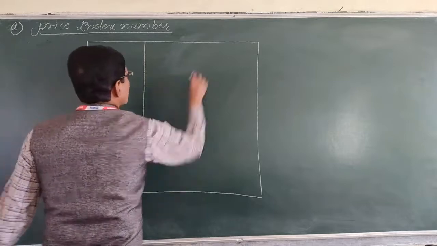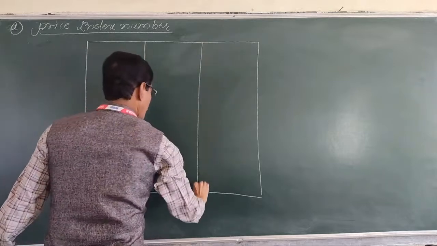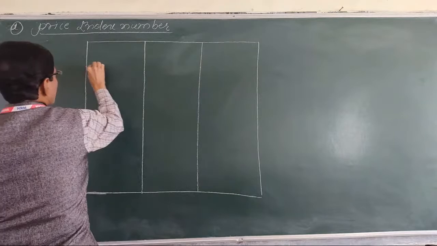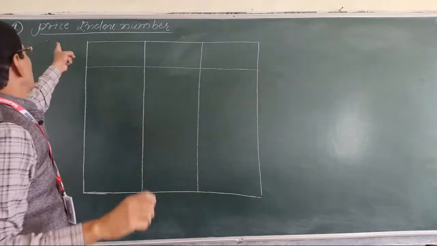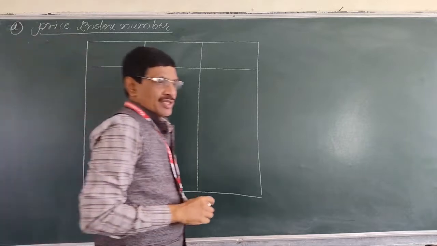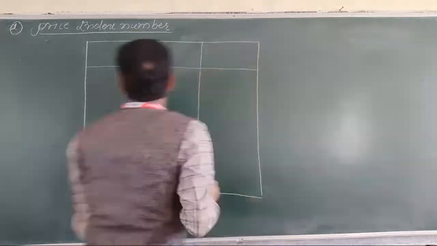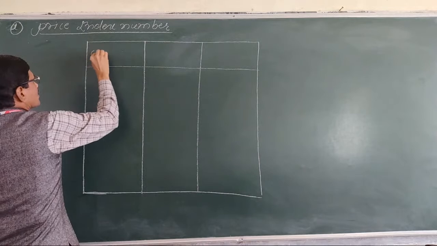Three columns are there. To solve the price index number, the first column is the commodities.